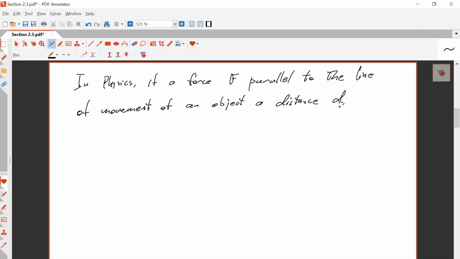So we have a force F parallel to the line of movement of an object at distance d. So we're moving an object from 0 to d, and we have this force F that's acting on that object.